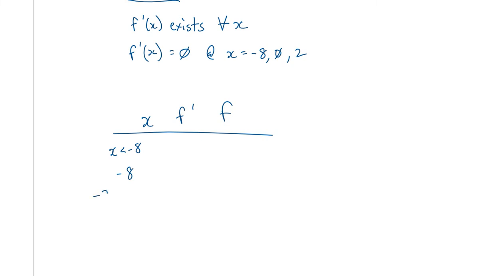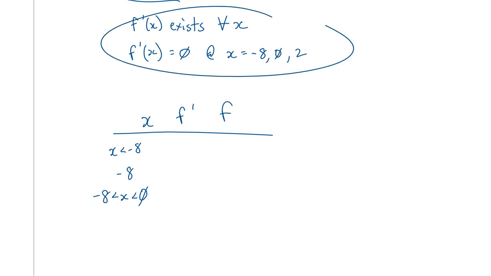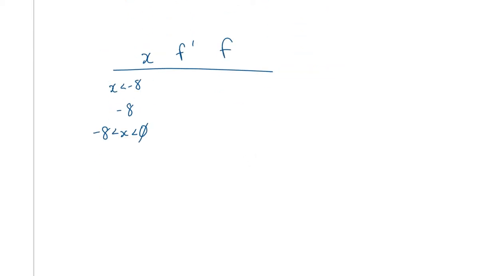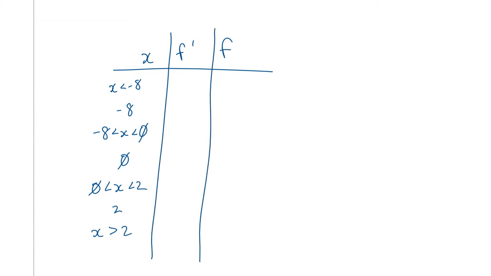And then between that value and the next value, and these are left to right, definitely in order, including all the values where the derivative does not exist or is equal to 0. So at 0, between 0 and 2, at 2, and that's the last one. Then we're going to consider all values greater than 2. And so this is how we set up our chart, just like that.